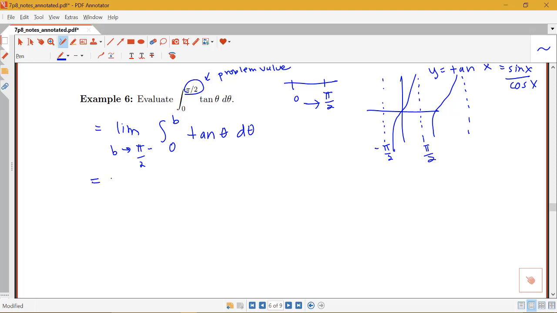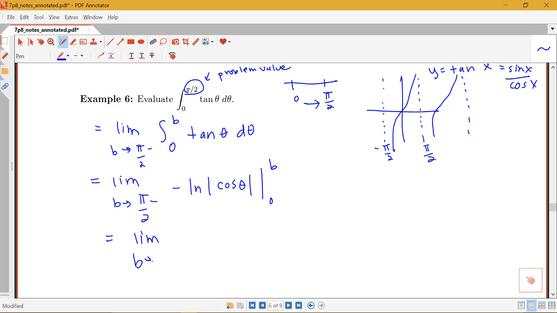This relies on me knowing my antiderivative of tangent of theta. Let's use the form negative log of the absolute value of cosine theta. It'll probably help me to think about what's going on with this form instead of log of absolute value of secant theta, but either one is a correct antiderivative. I'm evaluating this from 0 to b.